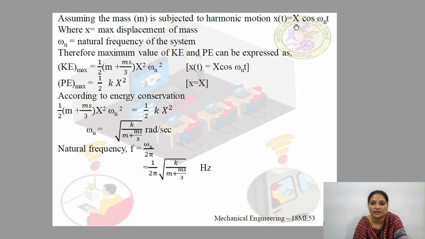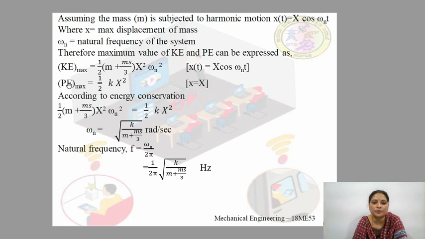When we differentiate this equation, we get X square omega n square. Now, when you differentiate this, the cos term will be neglected since it is very small, so the equation after simplification will be X square omega n square.